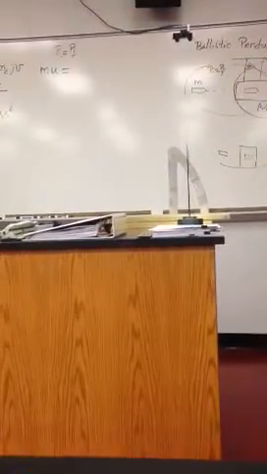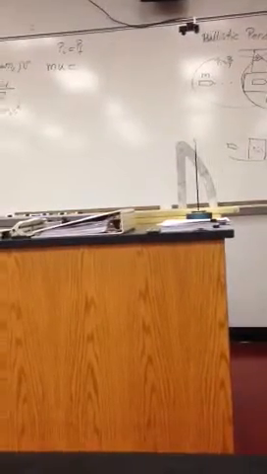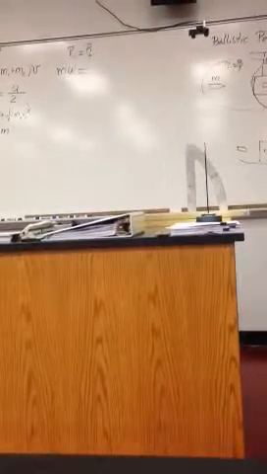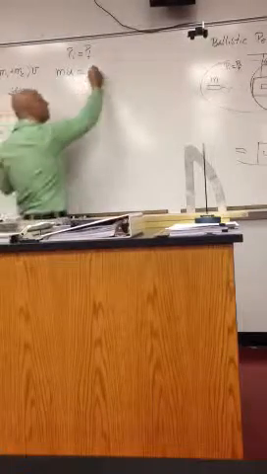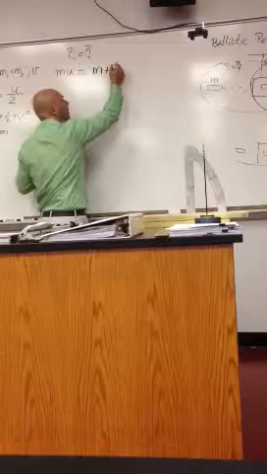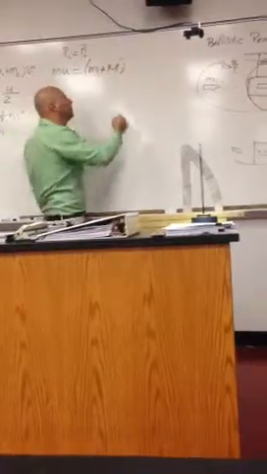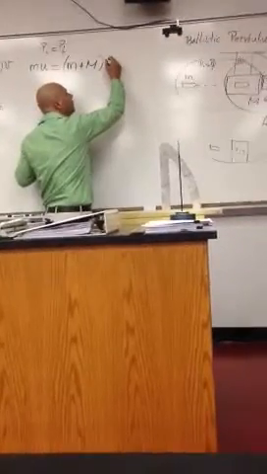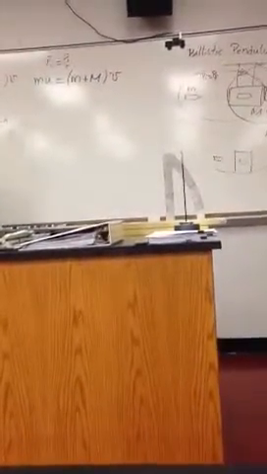Then the two objects get embedded. I mean, the two objects get together as an assembly. What will be the total linear momentum of the assembly? The total mass, which is M1 plus M2, times what? Times v after the collision.